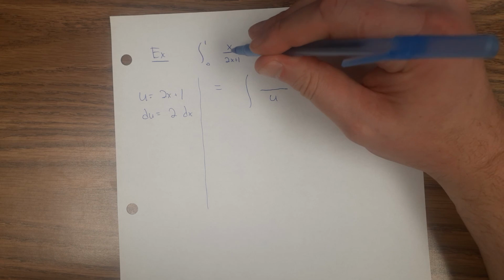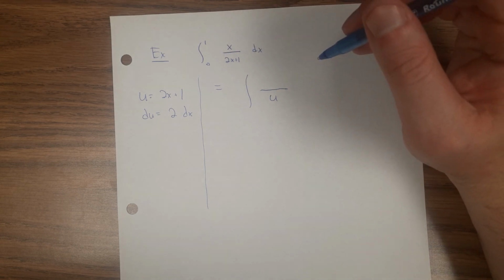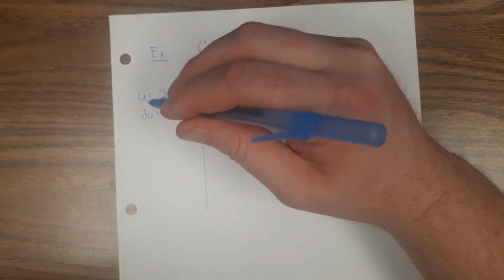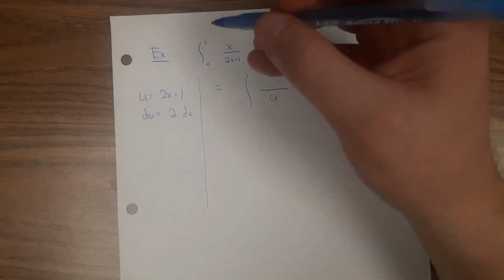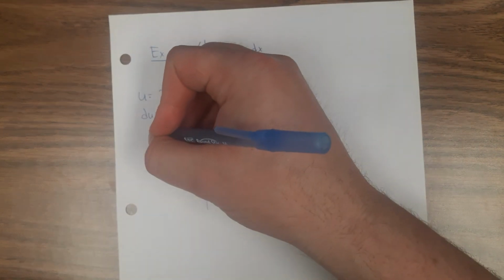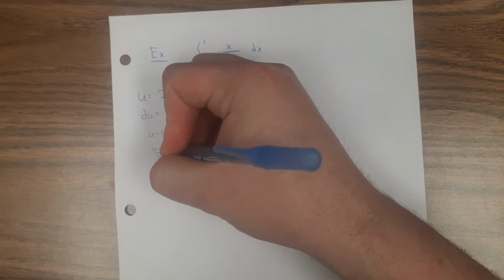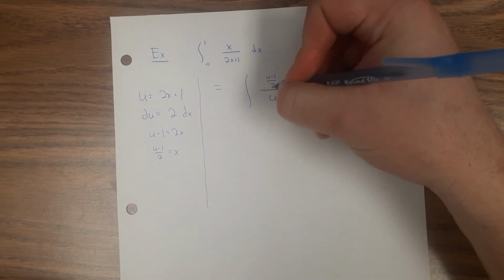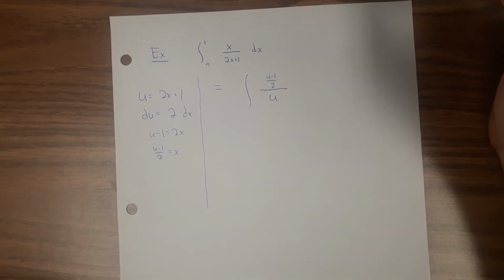The top of the fraction was supposed to be x, and I'm not sure what to replace that with. However, in the past, what has worked for us is looking at the substitution we made, solving it for x, and then using that. So that's what we're going to do. u minus 1 equals 2x, u minus 1 over 2 equals x. So I replaced x with u minus 1 over 2.